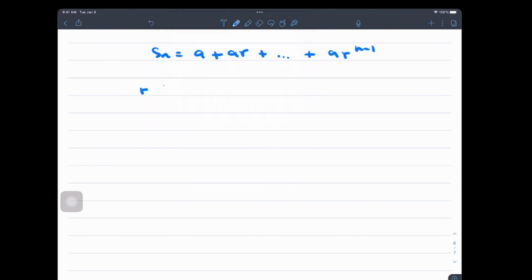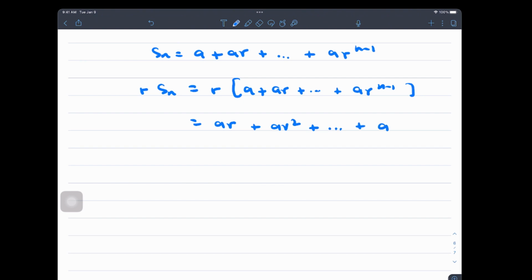I'm going to take r and multiply it to Sn. So r gets multiplied to all this again: ar, ar squared, all the way up to ar to the n. Okay, that's my r Sn.